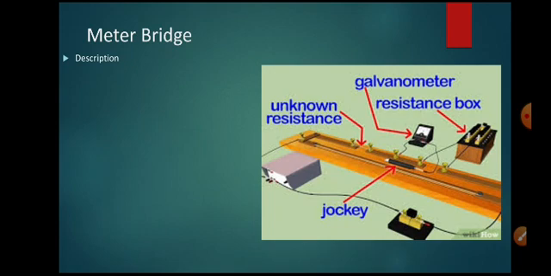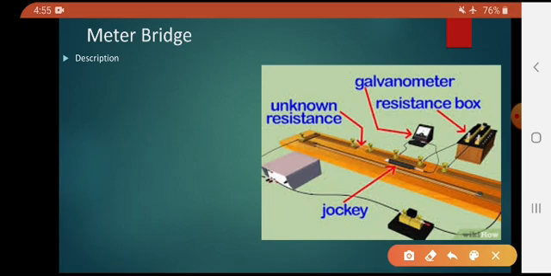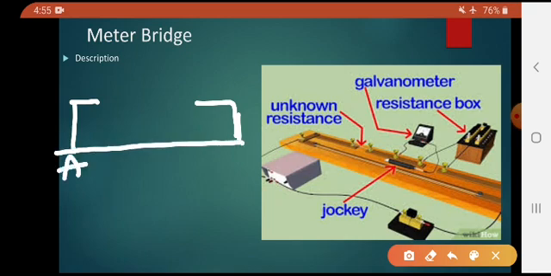The cross-sectional area of the wire is uniform. This wire is connected in between two L-shaped metal strips. These are the two L-shaped metal strips, and here in between A and B, at this point the 1 meter wire is connected.